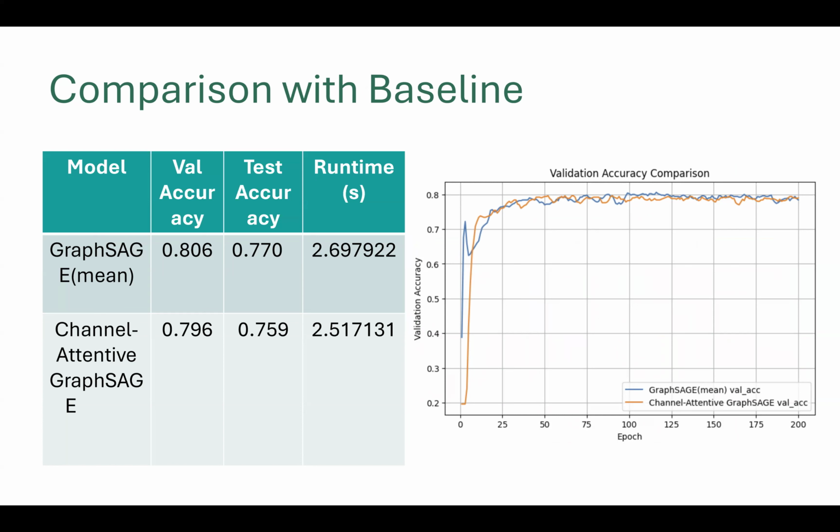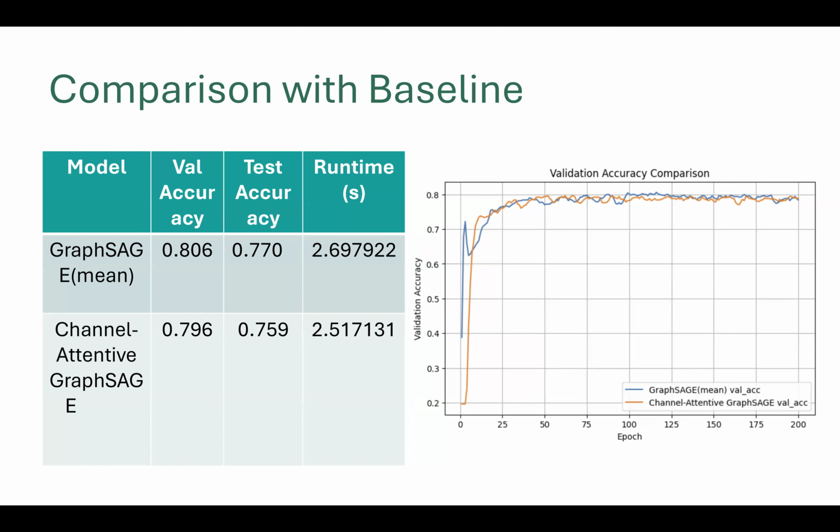From the results, we can see that the channel-attentive model does not improve performance and in fact achieves slightly lower test accuracy. However, both models show very similar convergence behavior as seen in the training curves, meaning they learn at a comparable rate.